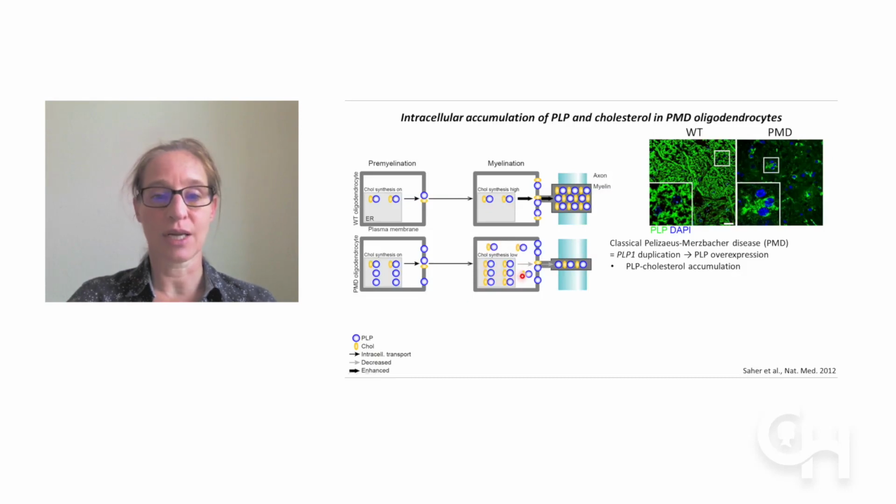Upon myelination, this leads to the accumulation of PLP and cholesterol within the cell, and this impairs intracellular transport to the myelin sheath and hence causes poor myelination.